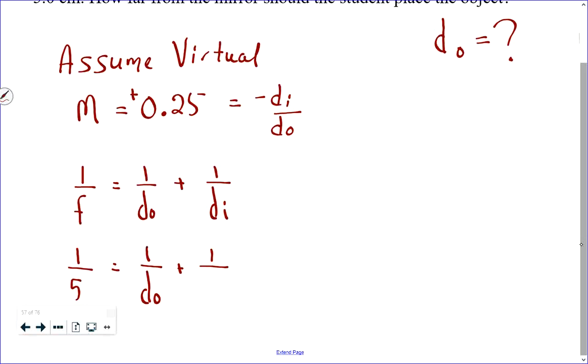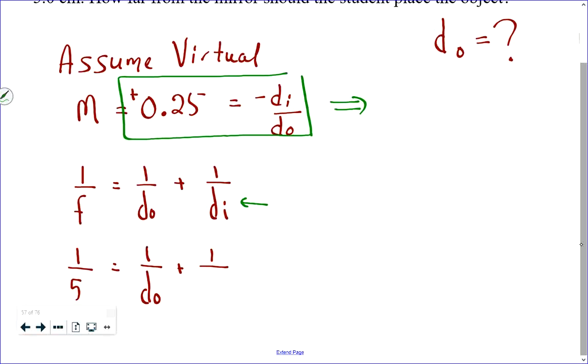I'm going to say I want to get rid of this dI right here. So I'm going to take this equation and figure out what dI is using that equation. Whatever I get, I'm going to dump it into the other equation below, and I'll have an equation that has dO's in it.